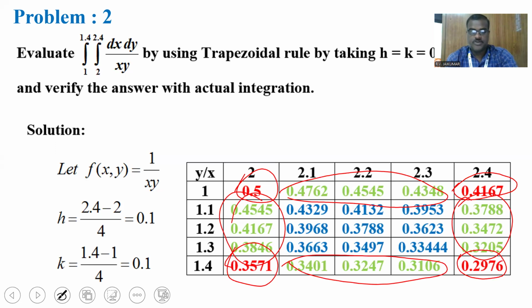The third term of the formula is sum of the values of f at the interior nodes, which are indicated by blue colors, right? So you can easily understand the values given in the table. Now we have to substitute all these things in the formula. We can get the final result of the given double integration.